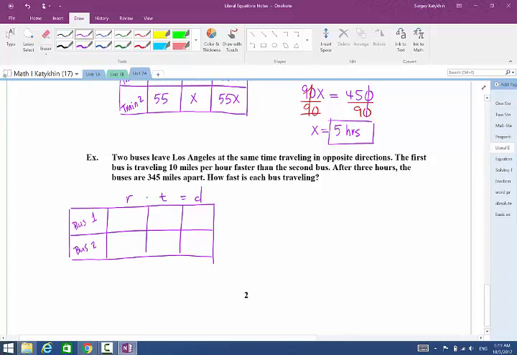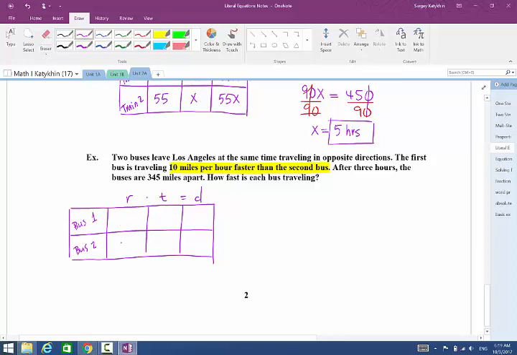So let's go ahead and fill in the things we know. It says the first bus is traveling 10 miles per hour faster than the second. So what this is saying is that if the second bus is some speed, then the first one is 10 miles per hour faster, which means it's plus 10.